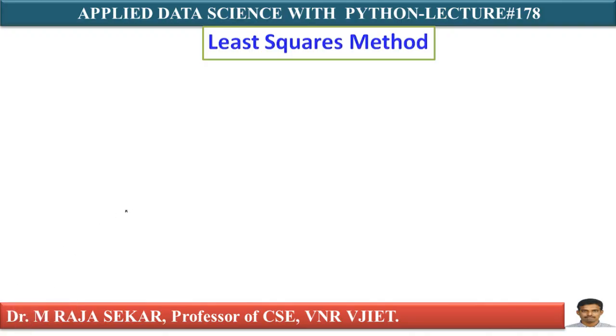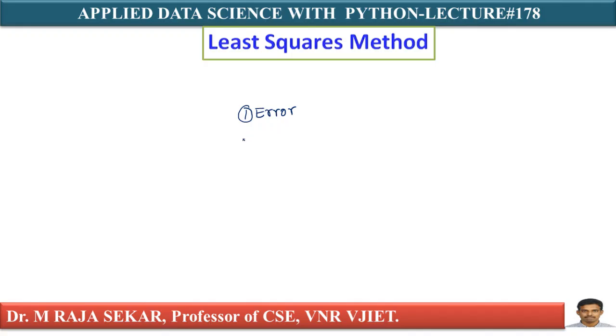I request you to go through my previous lecture, lecture number 177, before understanding this lecture. First, what will we do? First, we will try to find the error. I already discussed how to find the error in lecture number 177.